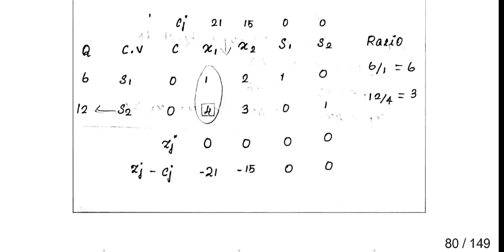Therefore, x1 is the entering variable and s2 is the leaving variable. Therefore, new equation is old equation minus new pivot element times new pivot equation. Since Zj minus Cj is greater than or equal to 0, the optimal solution is reached. x1 equal to 3, x2 equal to 0, maximize z equal to 21 times 3 plus 15 times 0. Therefore, the value equal to 63.